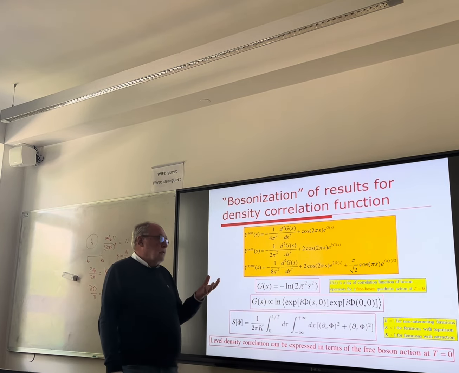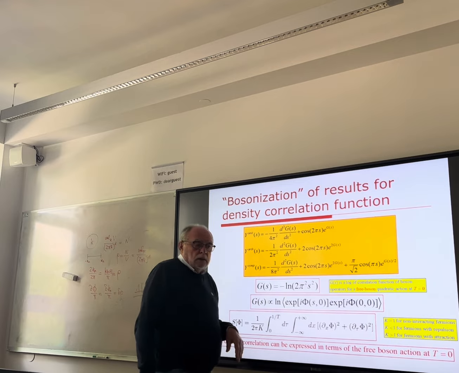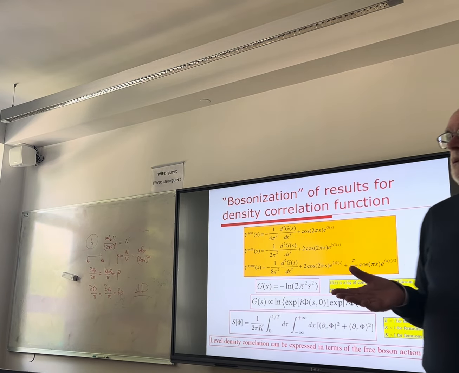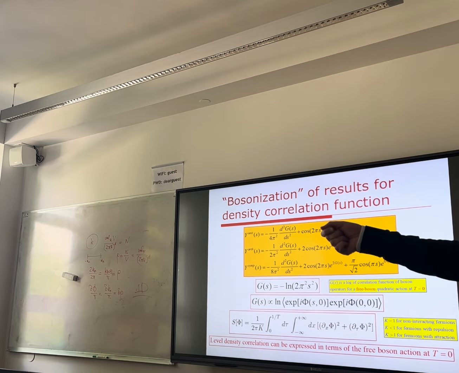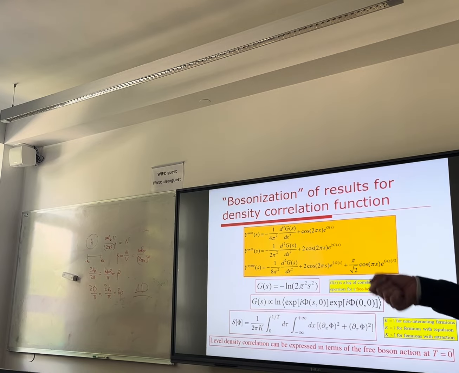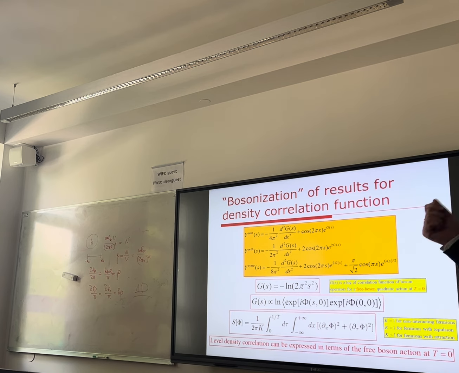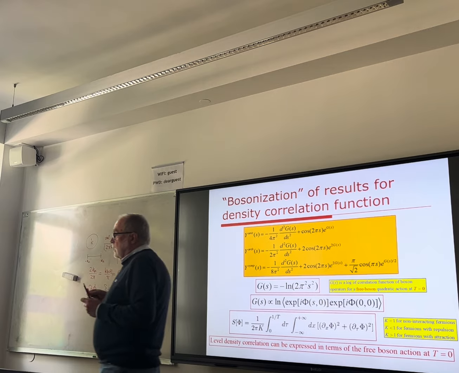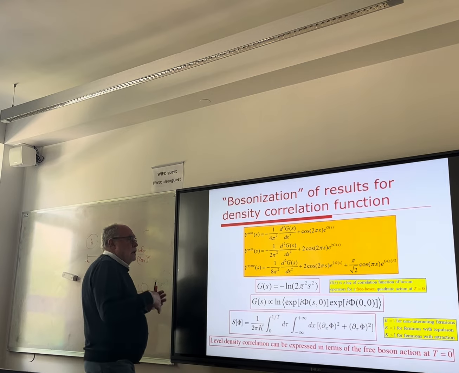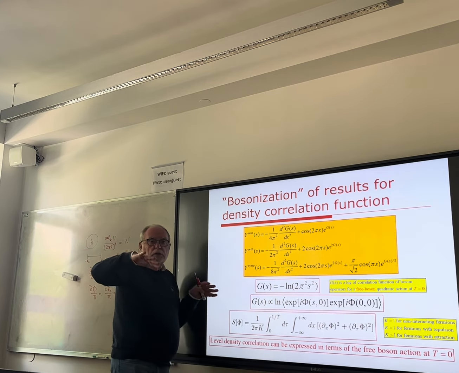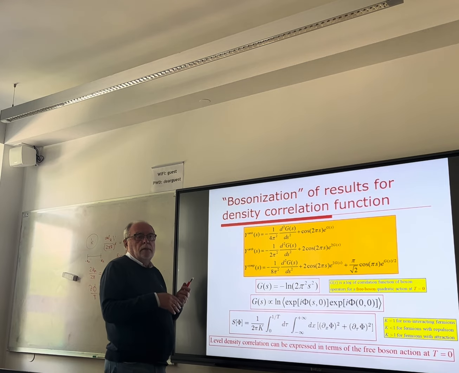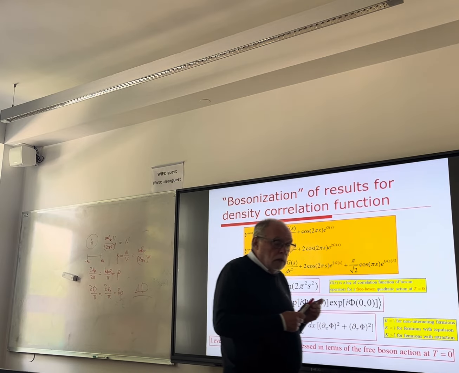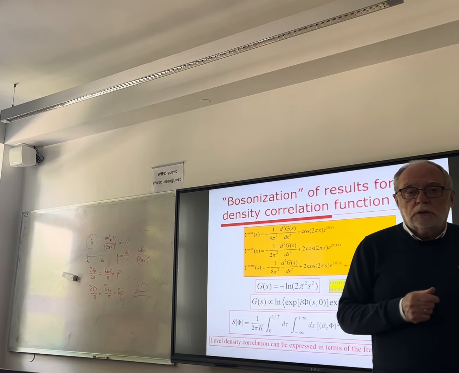Why is it so? Because we know that Wigner-Dyson is equivalent to one-dimensional interacting fermions, the Calogero-Sutherland model, right? Then the Calogero-Sutherland model, at large distances, at slow variations in space and in time, can be mapped on the so-called Luttinger liquid.